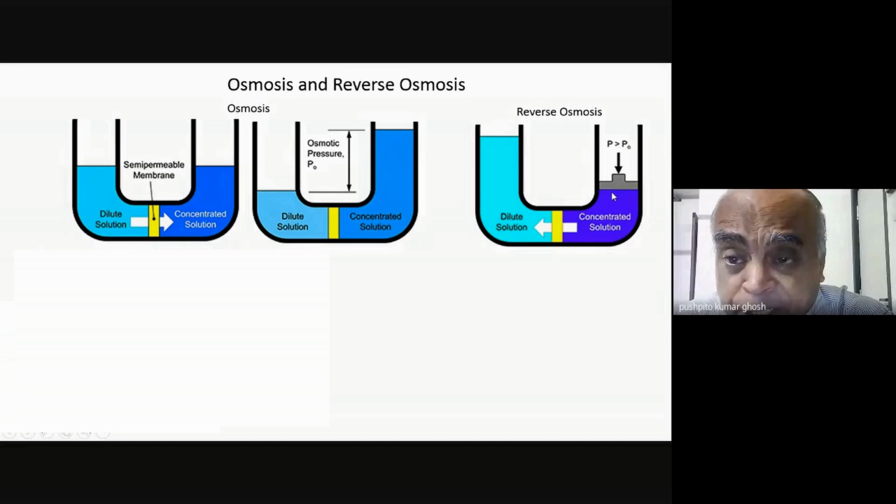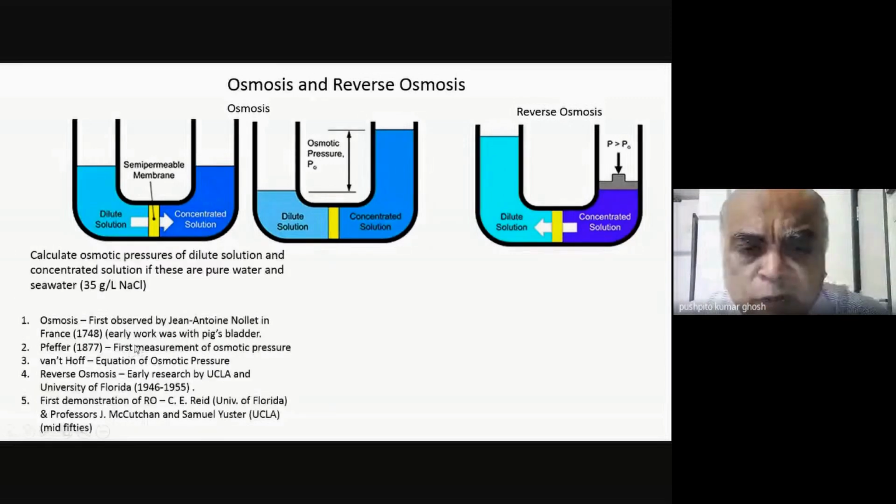So when I apply a pressure in excess of that, now I can reverse the direction of flow. I can actually take out water from the concentrated solution and it will go into the dilute solution. Of course, in a regular RO process, you don't even have any solution here. Basically water will just come out from the membrane. But this is just so that you get a conceptual grasp, and that's what reverse osmosis is: applying a pressure in excess of the osmotic pressure.